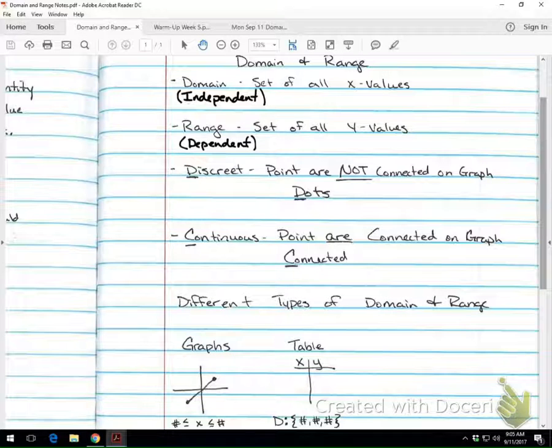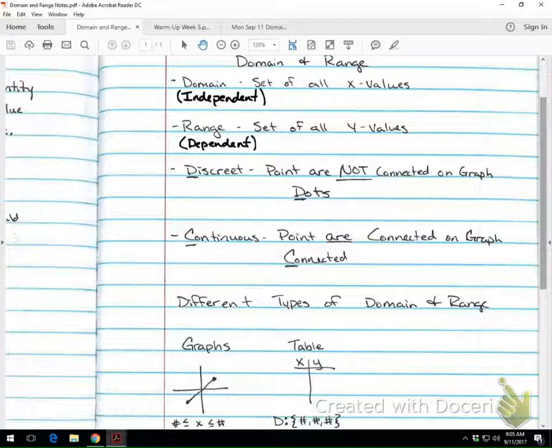If you say they're continuous, that means there's going to be dots on the graph, but then there's going to be lines that connect them. Okay? So continuous starts with C, connected starts with C. See how I did that? Okay? So discrete is dots, continuous, connected.